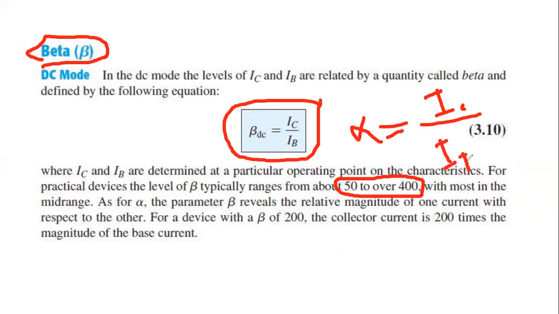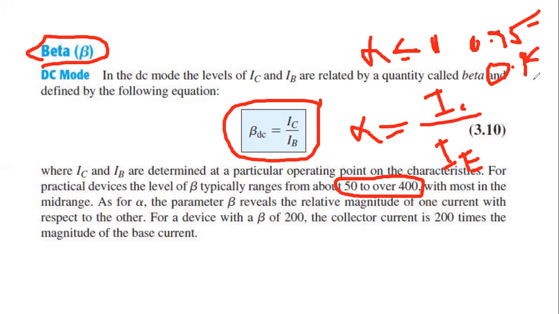My student, the value of alpha is not so big. It is less than 1, and its value is close to 0.95 to 0.98. Write on your paper 0.95 to 0.98.